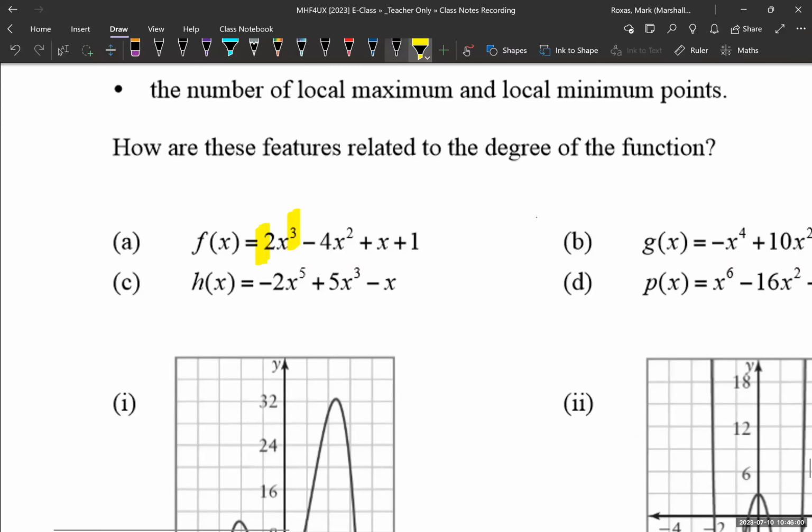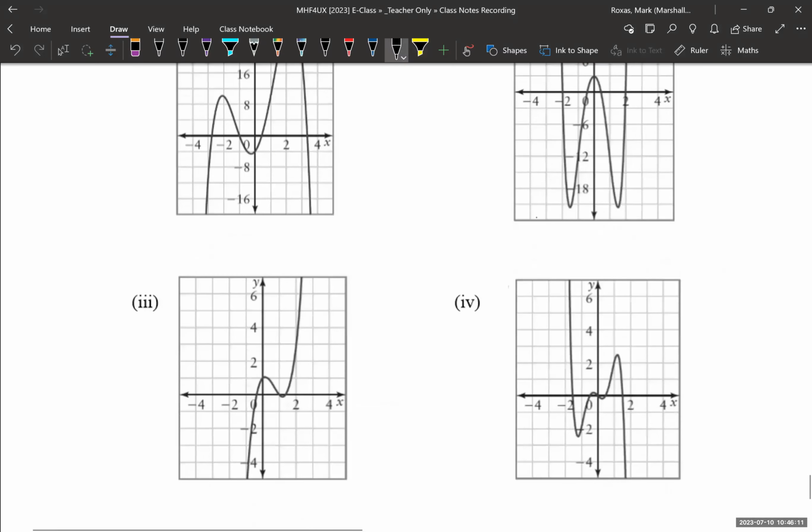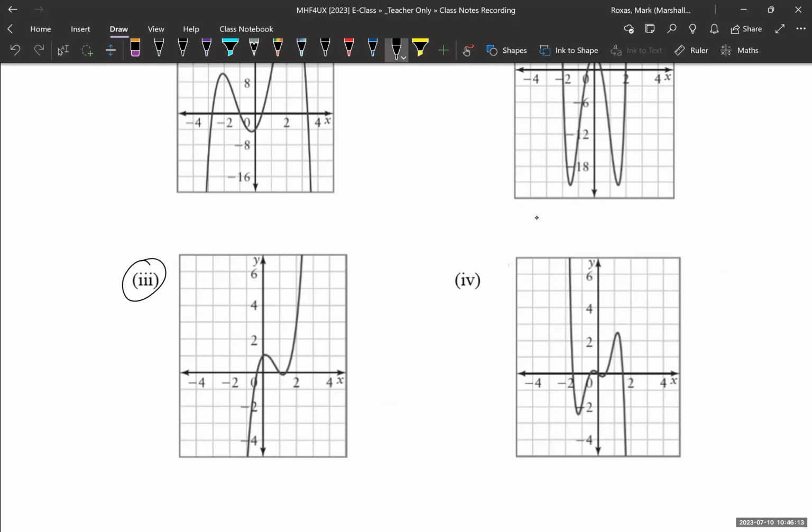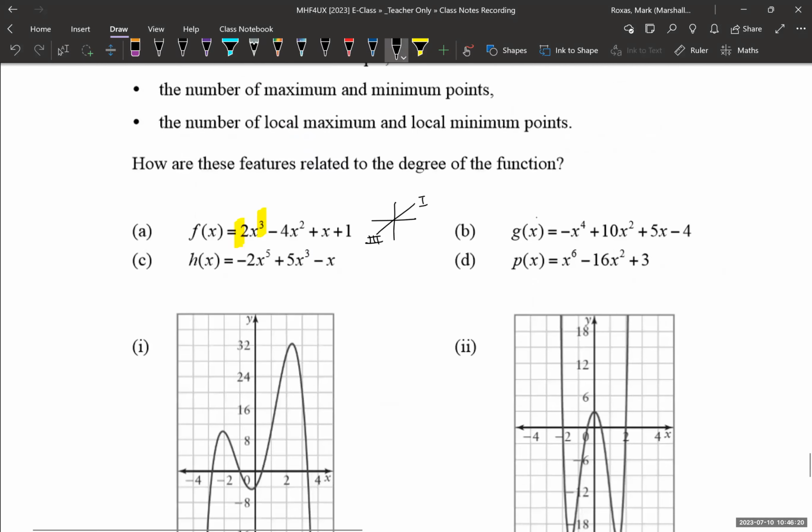So again, if you have a hard time visualizing it, just imagine the line starts at quadrant 3, ends at quadrant 1. Okay, is there a graph that starts in quadrant 3 and ends at quadrant 1? Looks like number 3. Boom, done. We've got it. Okay, that matches that one.